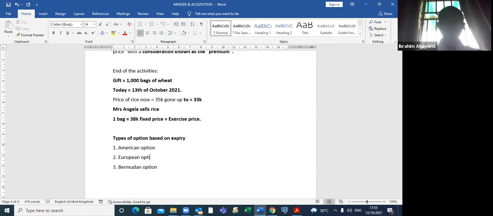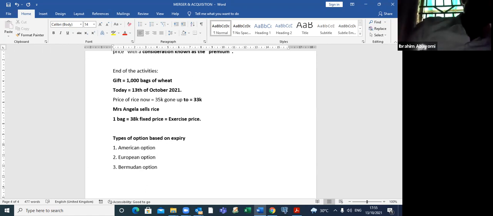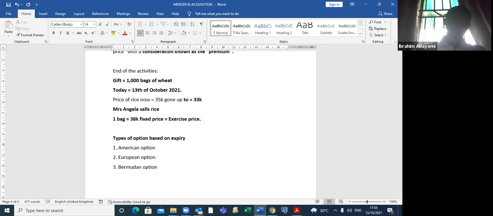These are the three types of option that we have based on the expiration period.